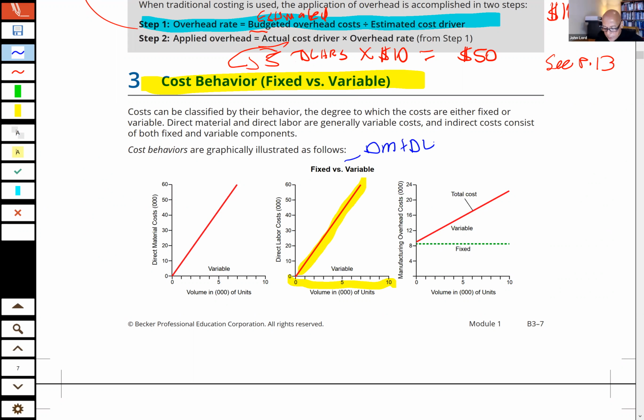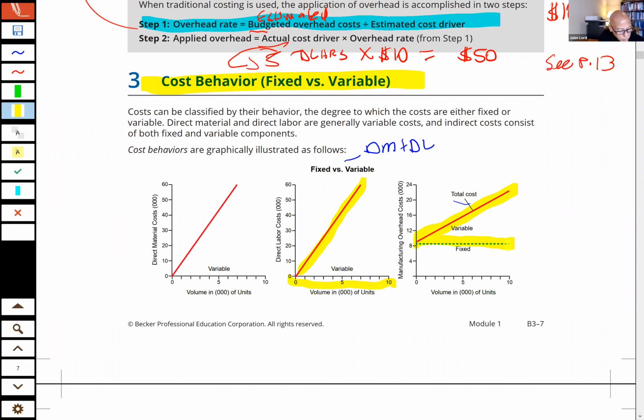Then we have our total costs, which are basically the combination of our fixed costs plus our variable costs. So notice you still have the variable component. The fixed stays the same regardless of the number of units that you produce.